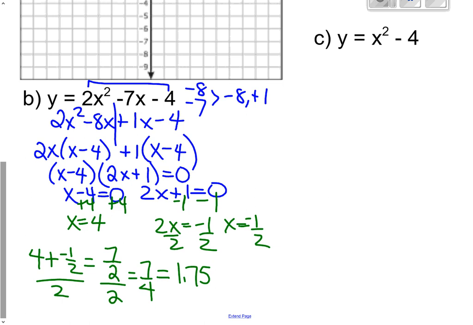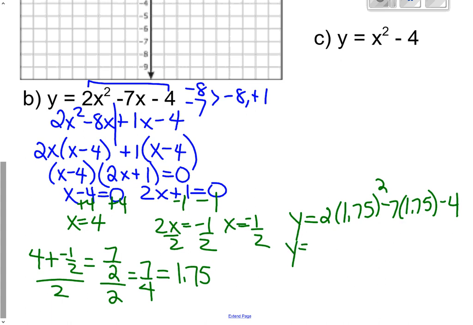So 4 minus 0.5 is 3.5. 3.5 divided by 2 is 1.75. So 1.75, that's what's going to go back into my original. So y equals 2 times 1.75 squared minus 7 times 1.75 minus 4. All right, I'm going to get out my calculator for this one.